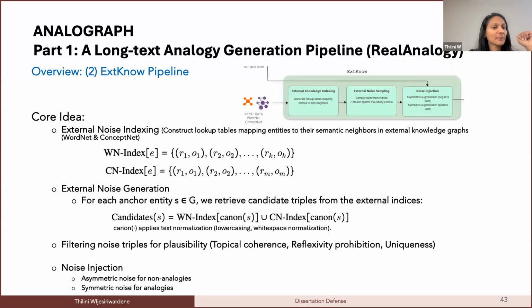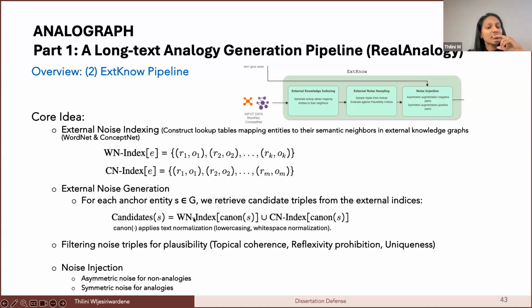Then we look at the XNO pipeline, where we sample noise from external data sources. We construct a lookup table mapping entities to their semantic neighbors, and then we sample from that.